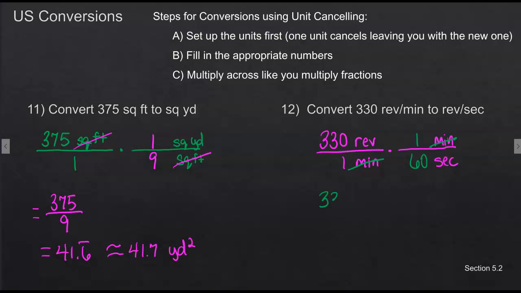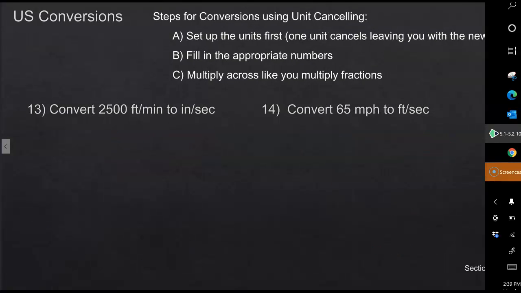So we take 330 divided by 60, and that's going to tell me how many revolutions per second. And when we divide that, we get 5.5. Now this number didn't need to be rounded. It happens to have 2 significant digits anyway, so that works out well for this problem. Let's go to the next one.